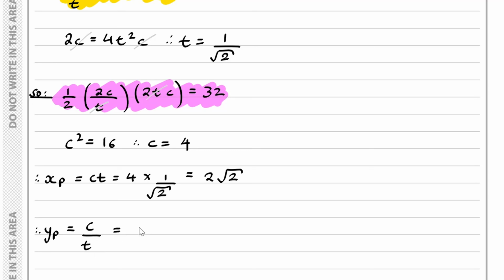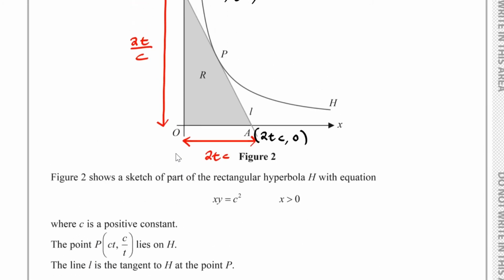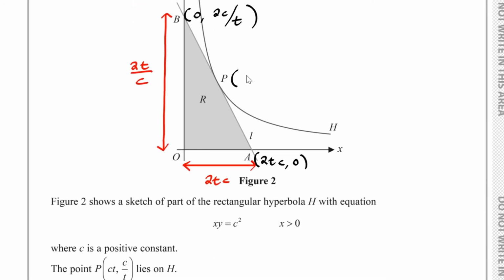So we have c, which is 4, over t, which is 1 over root 2. It turns out we get 4 root 2. And therefore we can conclude quite easily that the coordinates of P in exact form are (2 root 2, 4 root 2). Okay, so let's just add this to the diagram.